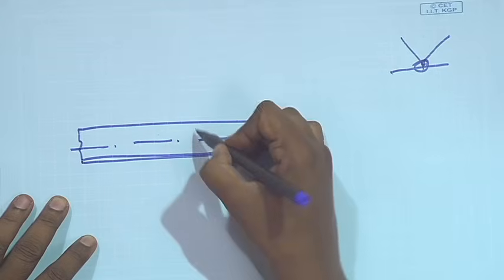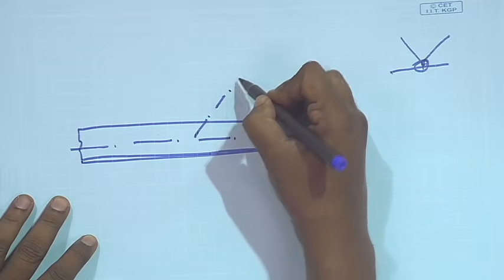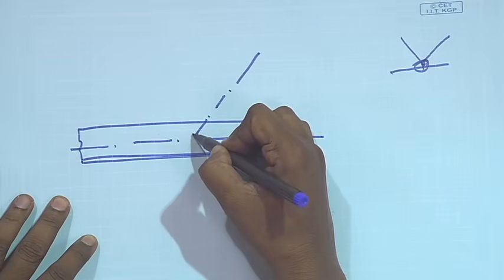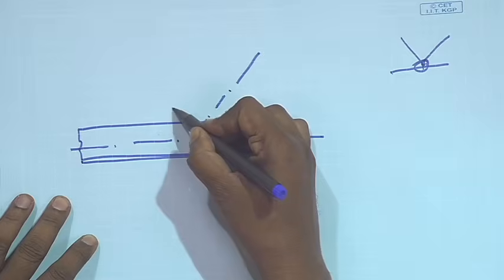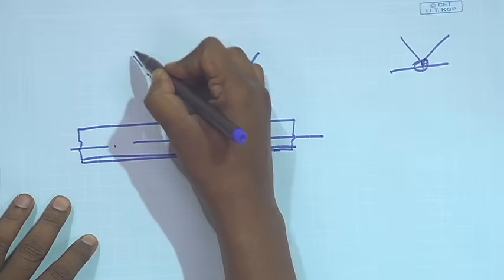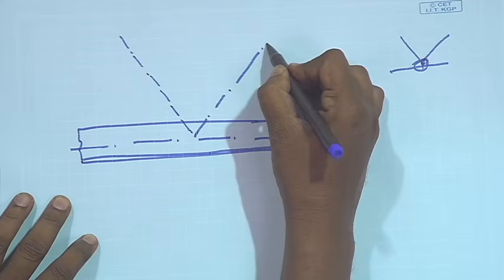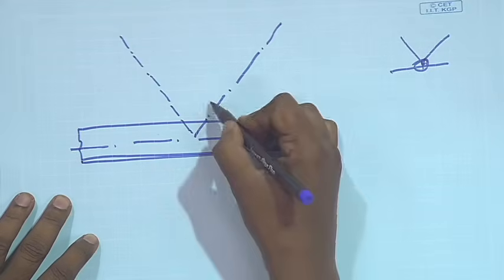So, we have to join in such way that CG of each members pass through a particular point, otherwise eccentricity may develop, then the moment due to eccentricity may come into picture.